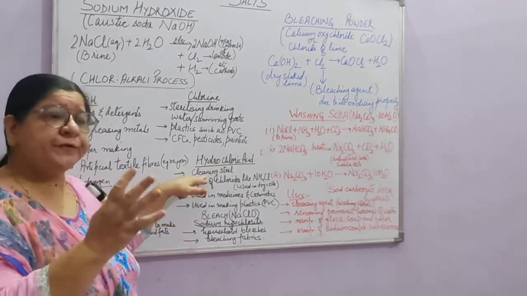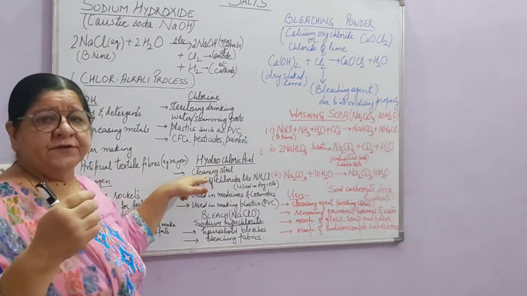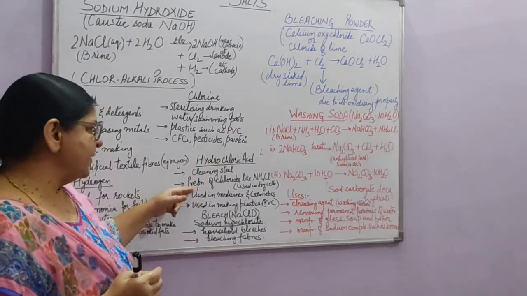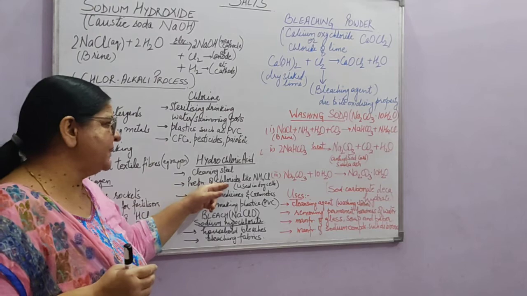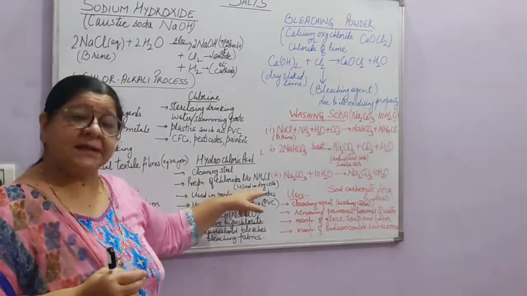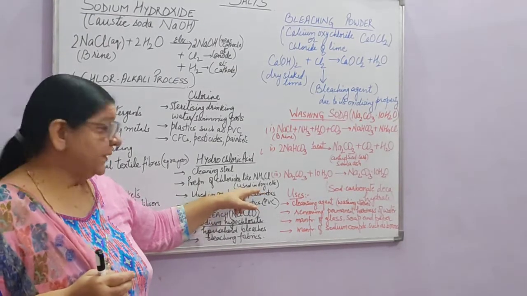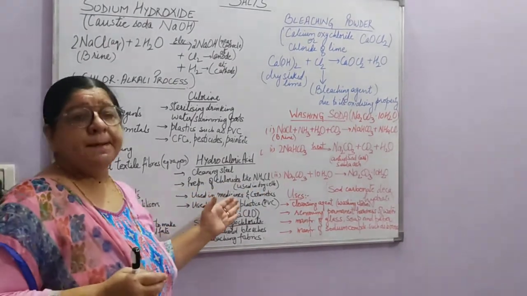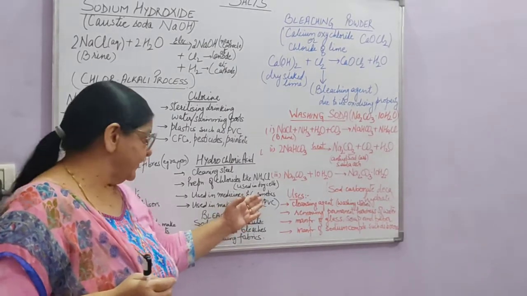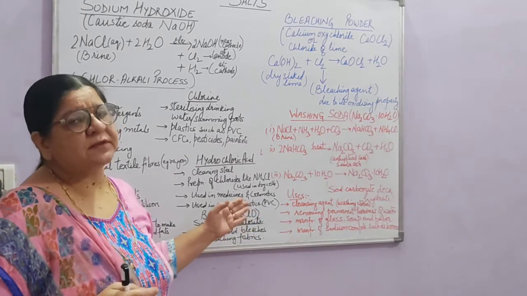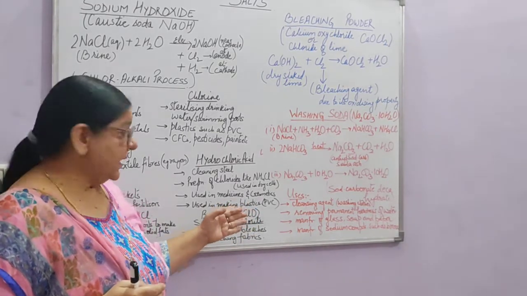It is also used for cleaning iron sheets before galvanizing them. Then it is used for the preparation of chlorides like ammonium chloride, which is used in dry cells. Hydrochloric acid is also used in medicines and cosmetics. It is also used in making plastics such as PVC.